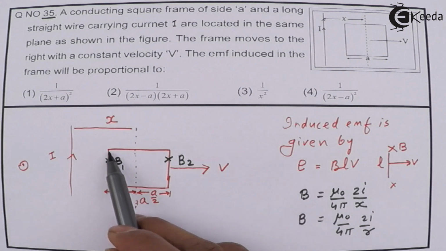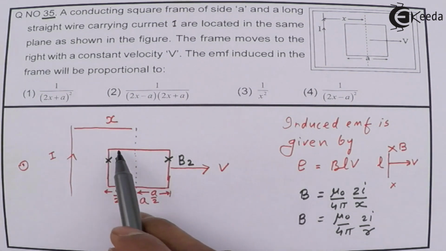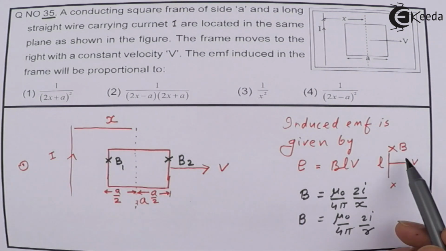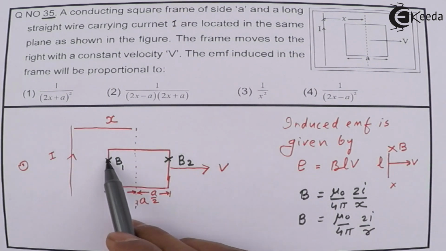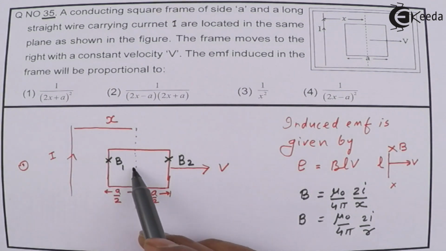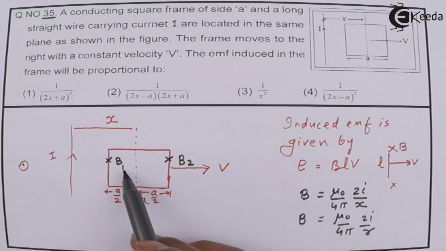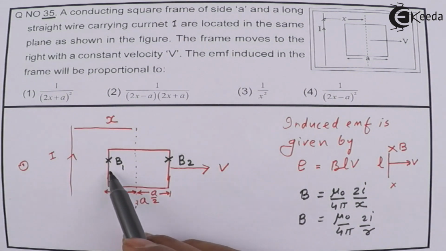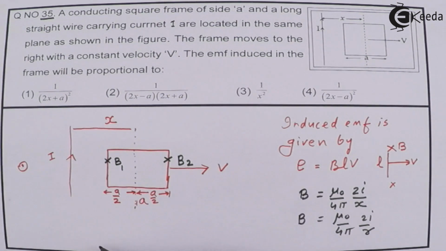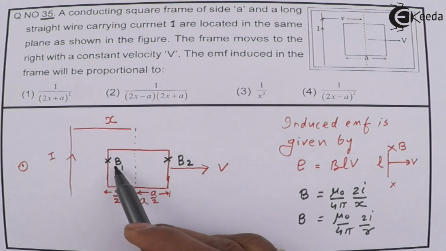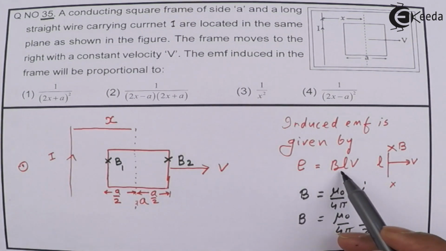Here, BLV sine theta, but in this case the velocity is v here, and here also the velocity is v. When length is perpendicular to the velocity, the formula used is BLV.